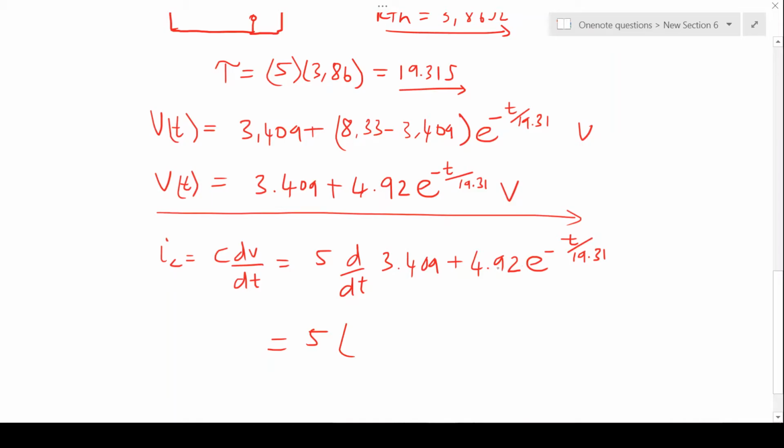The derivative of that expression is going to be 4.92 multiplied by negative 1 over 19.31 e to the negative t over 19.31.